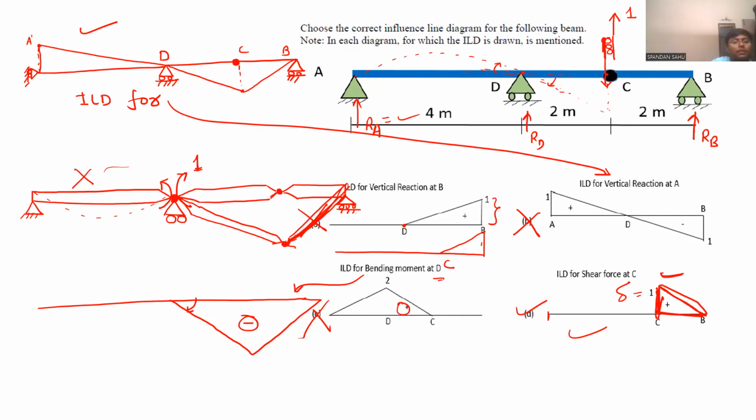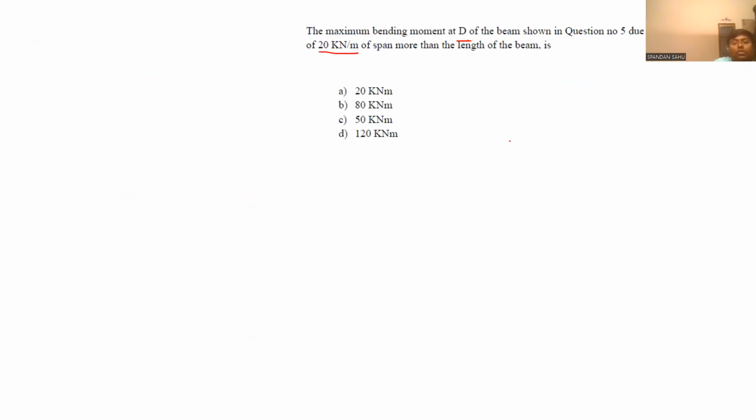For the left portion, all the ordinates of the ILD will be 0 because it is taking a curvilinear shape. Between D and B, it will form a triangle shape. So our ILD will be like this.